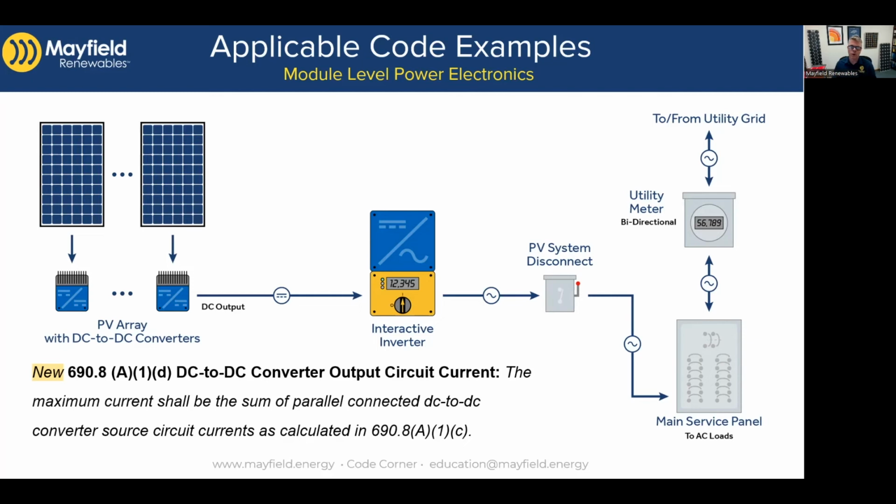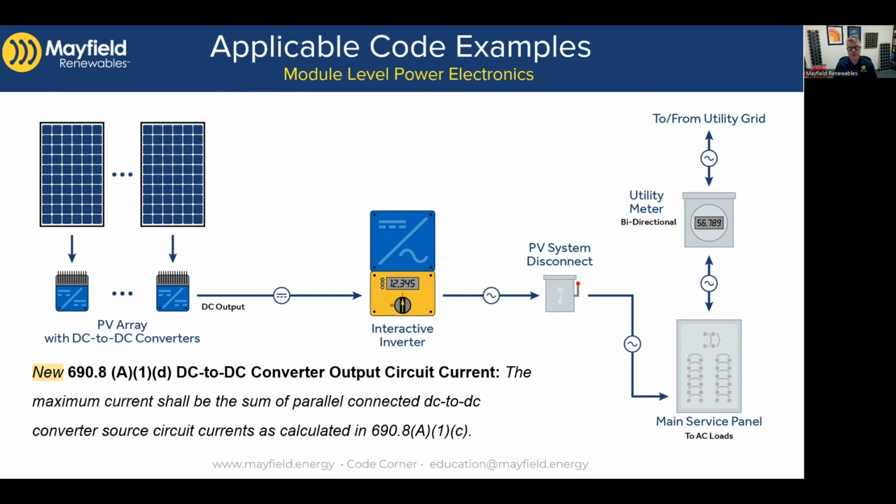So what this means is that we have PV modules connected to our DC to DC converters. Those converters are listed by UL 1741, and for the output current that is coming out of the DC to DC converters, there's a limit to it. It can only put out so much. And so that will be part of the listing process.